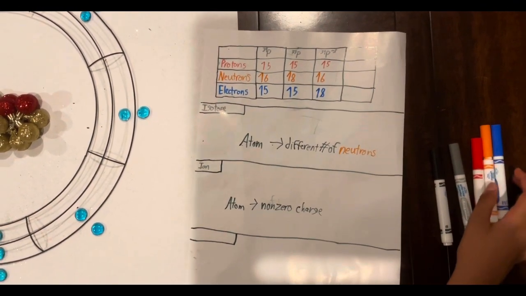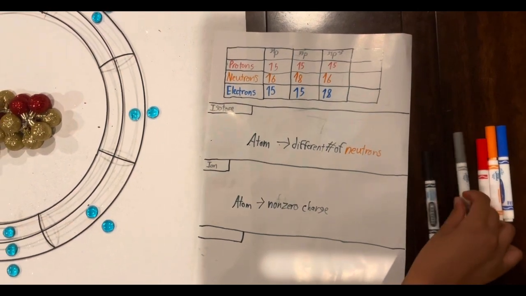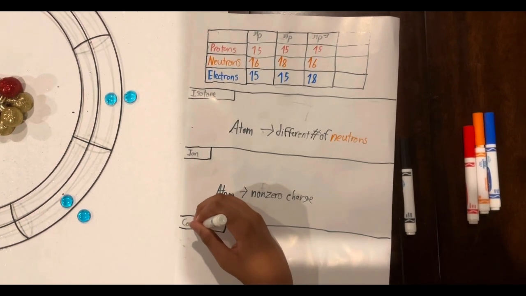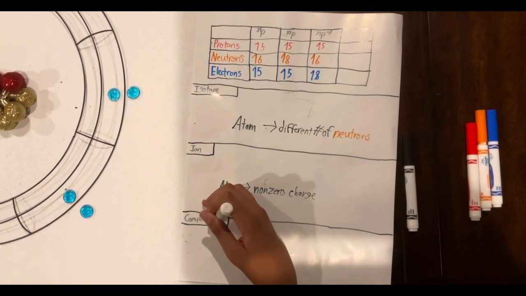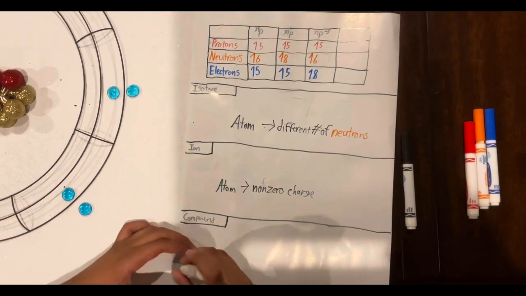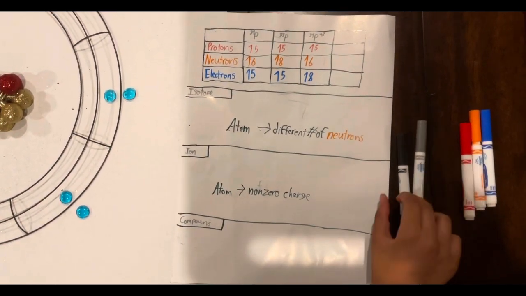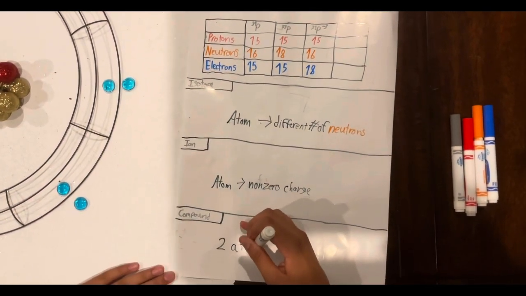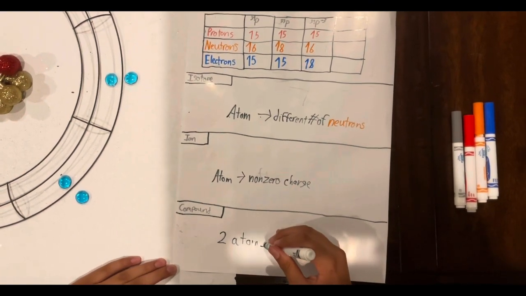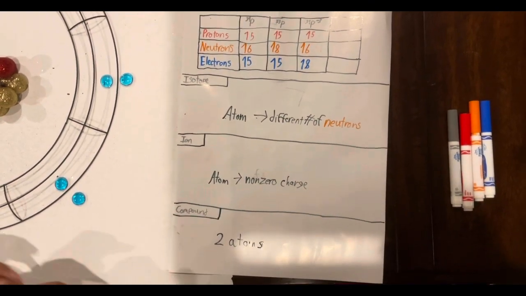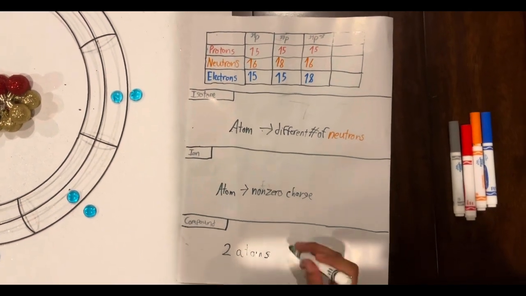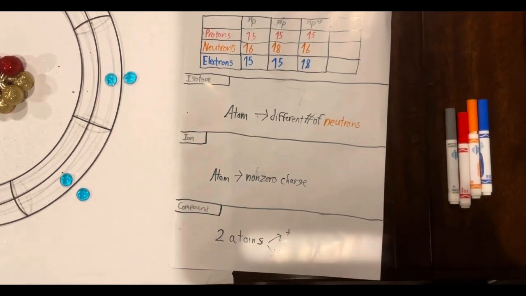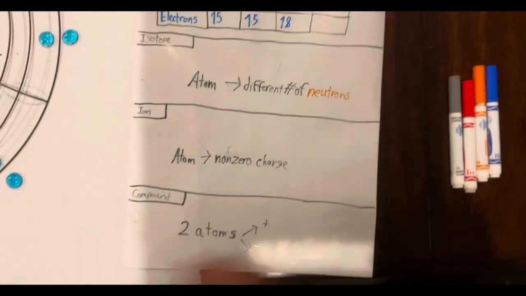All right, now, what is a compound? A compound is when you have 2 atoms and they're attracted to each other because one of them is positive and one of them is negative.